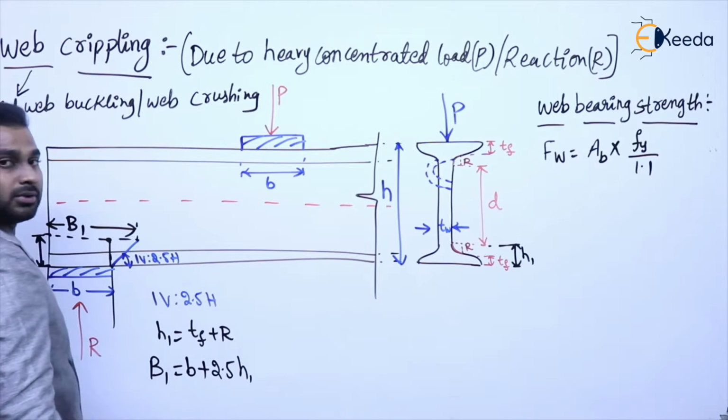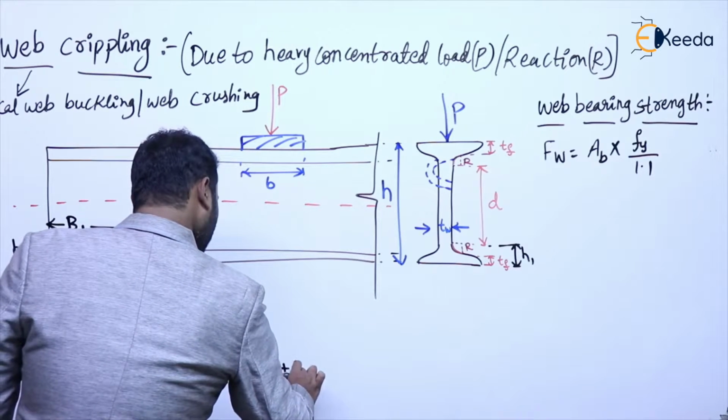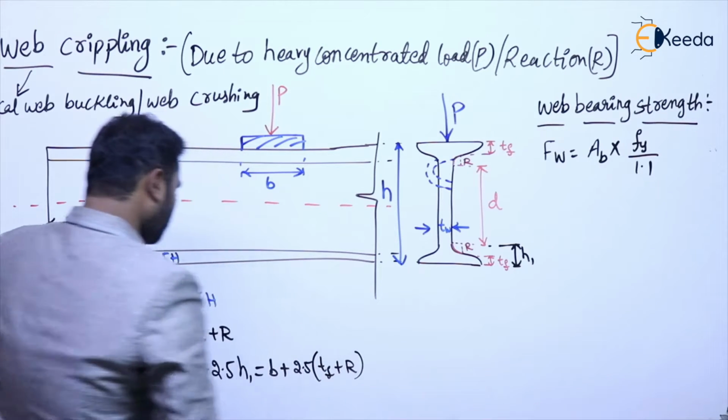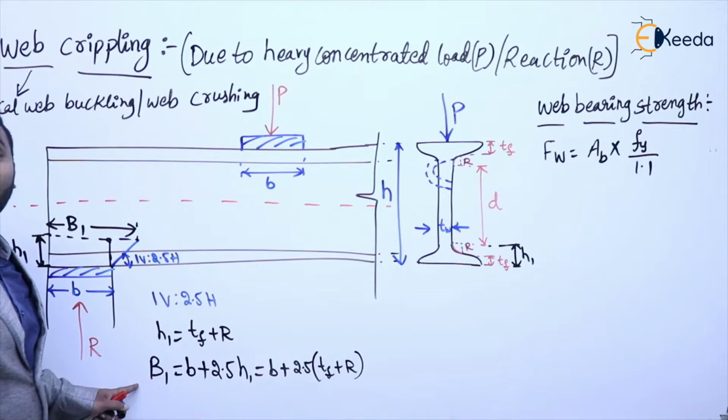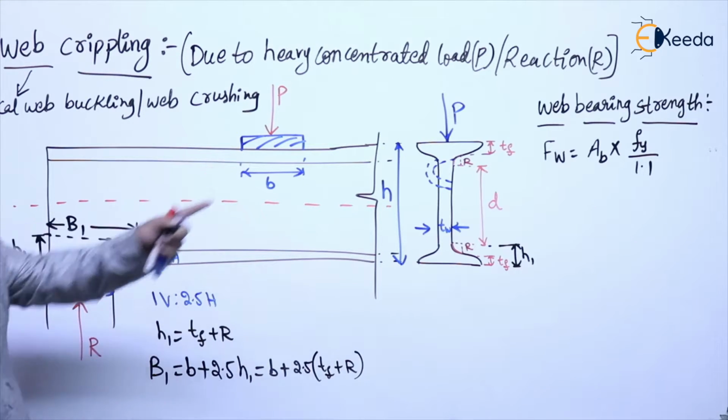So finally this b1 will become b plus 2.5 (tf plus R). So this is the width of the web in calculation of the web bearing strength at the support.